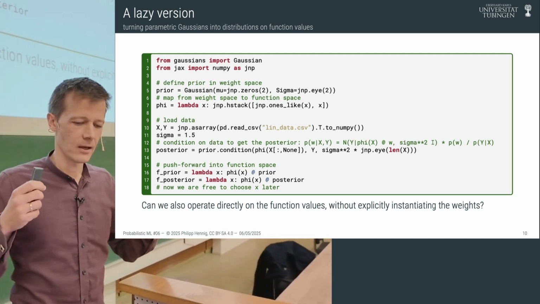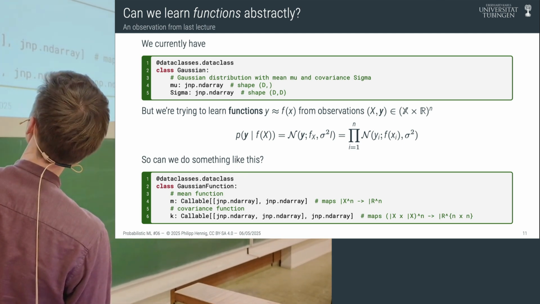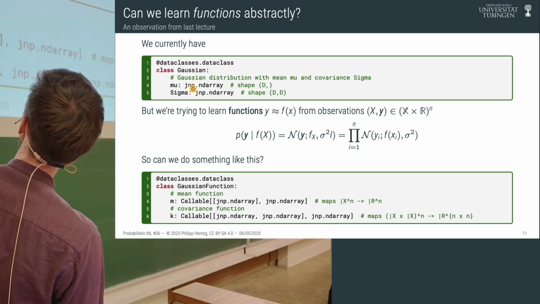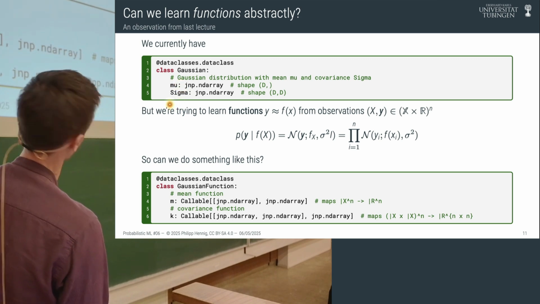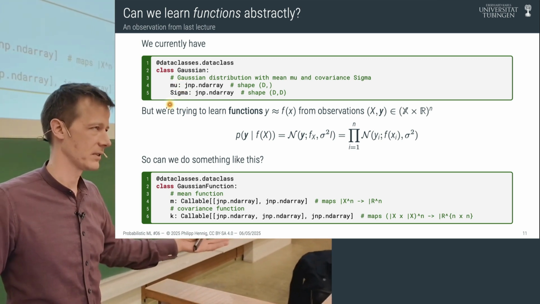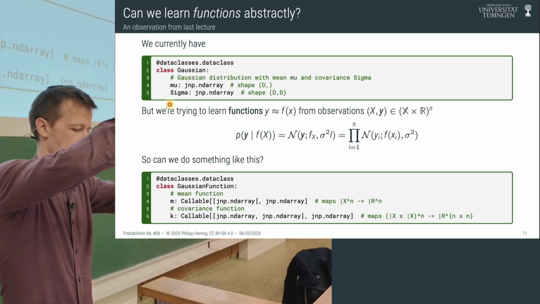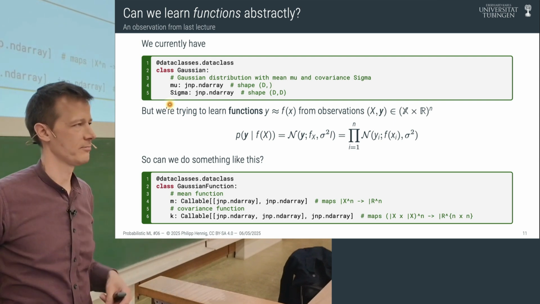So here's a slide actually for this. So far, we've used these data classes, Gaussians, that have a mean and a covariance, explicitly instantiated. A vector and a matrix that takes memory footprint: number of parameters, plus number of parameters squared.